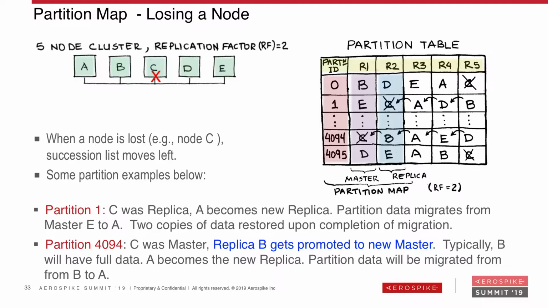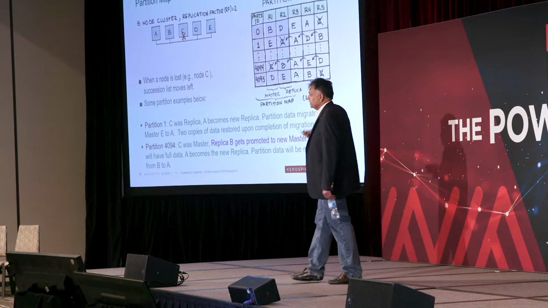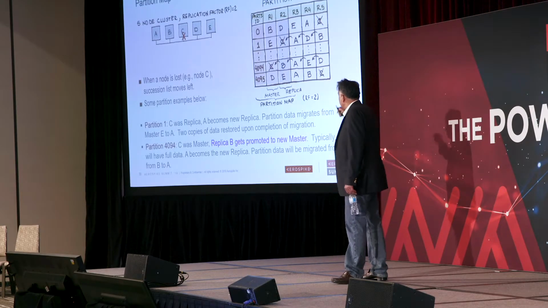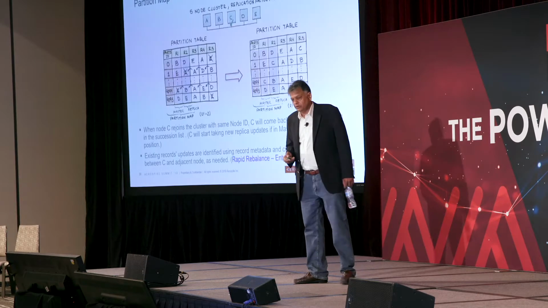And then if C was the master and C went out, B will become the master. That's in the other example, partition 4094. And that's kind of handy because B already has the full data because it's a copy in a stable cluster. So it assumes the role of the master right away. So that's how node loss works.